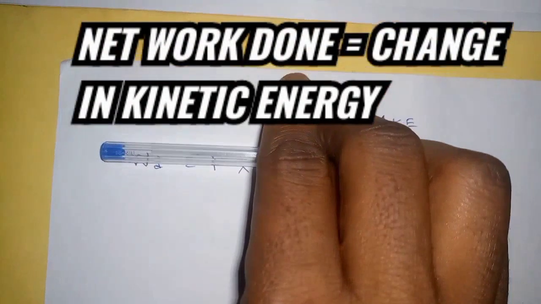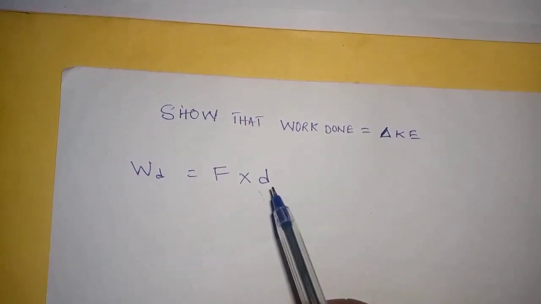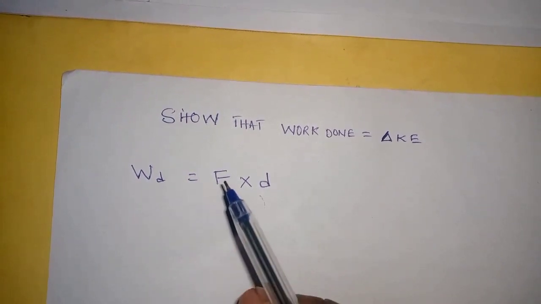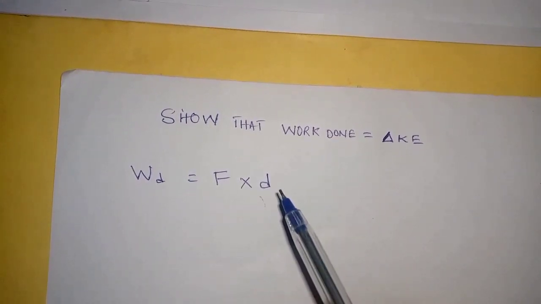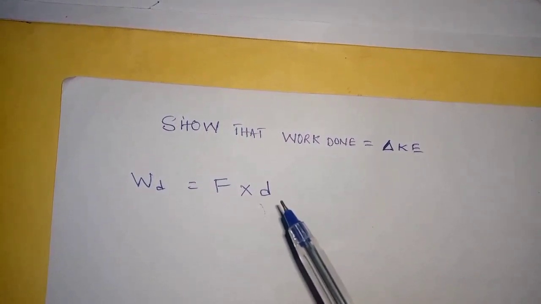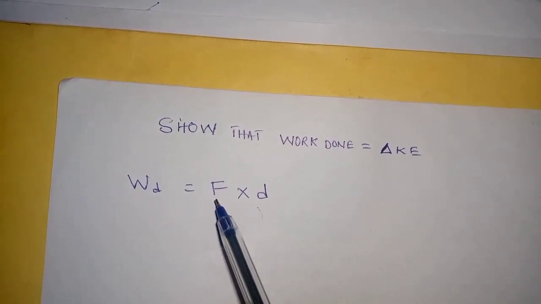The first step is that we know that work done is equal to force times distance. This is to say work is a product of force and the distance moved in the direction of the exerted force. So we know the formula for force.